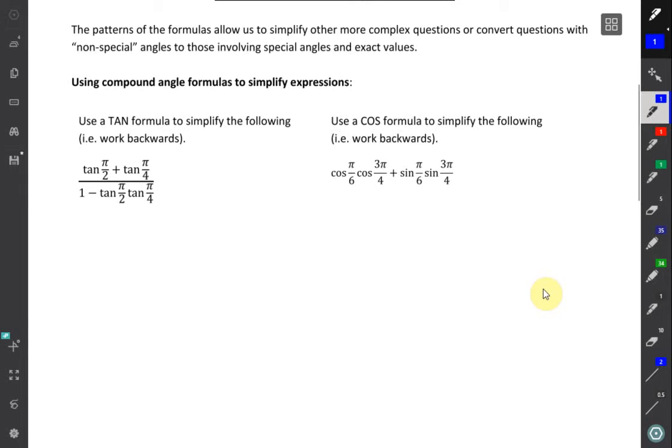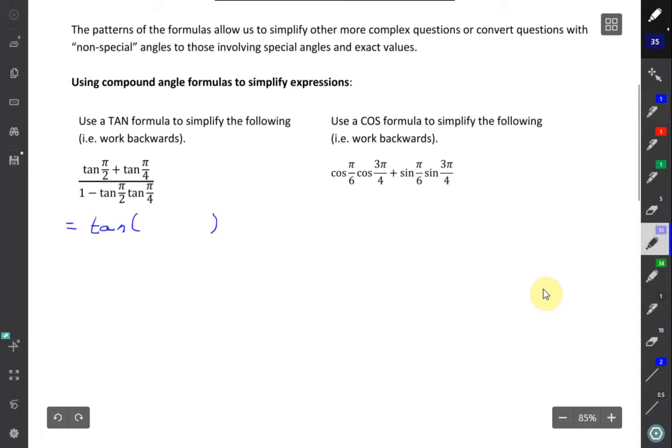So I know from the identity up above that this is equal to tan A plus B, where A is this first angle here, and B is this second angle. So all I need to do is put pi over 2 in here plus pi over 4, similar to the expression up above, and then simplify.